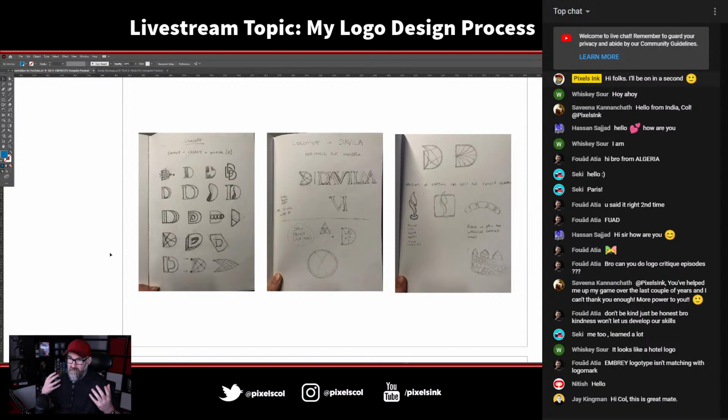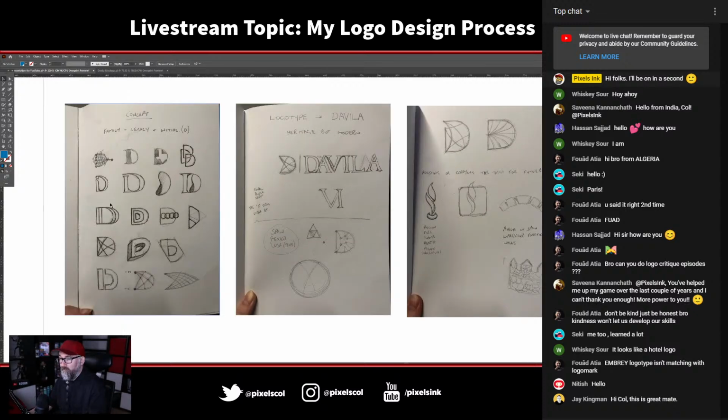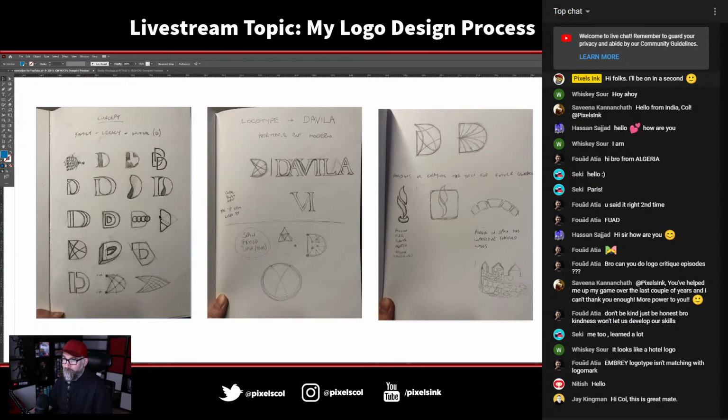The first thing I had in my mind was using a letter D for Davila, and what could I do with that? You can see on my sketches, I'll zoom in a bit more, I had family plus legacy plus the initial D, and I was just working out different shapes.